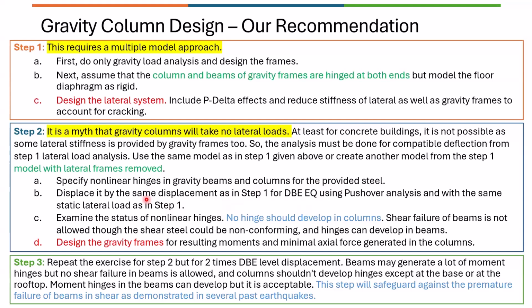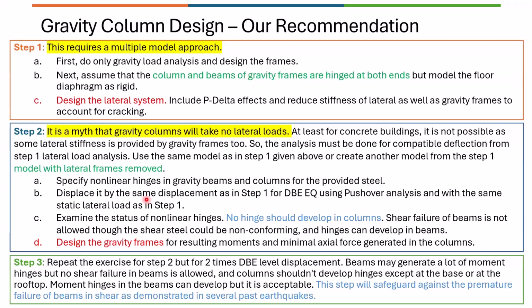So we'll get the target displacement to which the system will be subjected, and for that displacement, we are going to design the gravity frames. So this is going to be a nonlinear load case, and we will do that in a special nonlinear case in this specific model.